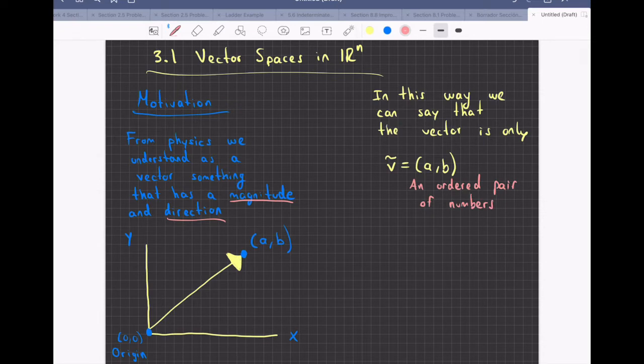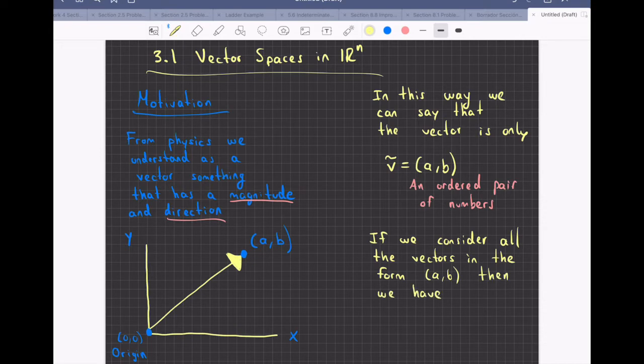So if we consider all the pairs in this way, if we consider all the vectors in the form (A, B), then we have R2.